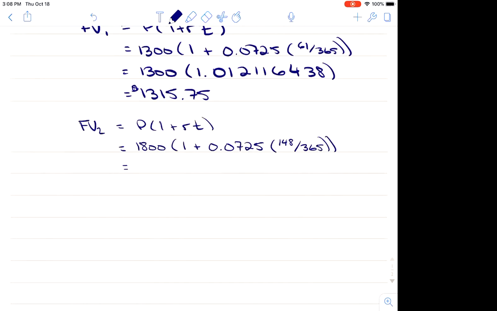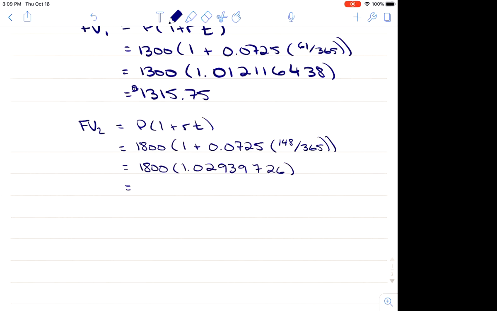But, okay, so 148 divided by 365 times 0.0725, getting a little bit more brazen, doing everything in the brackets. And then I'll pause and show some work. 1800 times 1.029,39726.